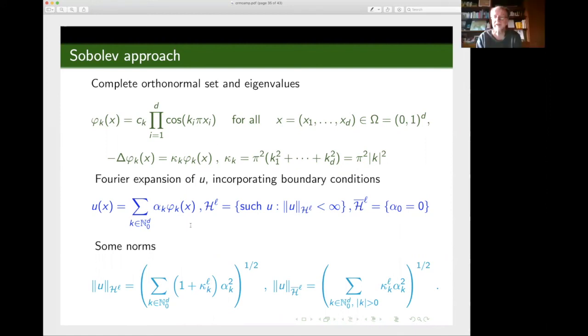But the problem with this argument is that in the limit, you may lose smoothness and you may lose boundary conditions. And that's what I want to say. So if the limit is in a space HL with too small L, then you lose the boundary conditions in the limit. So for L equals 1, nothing is left.